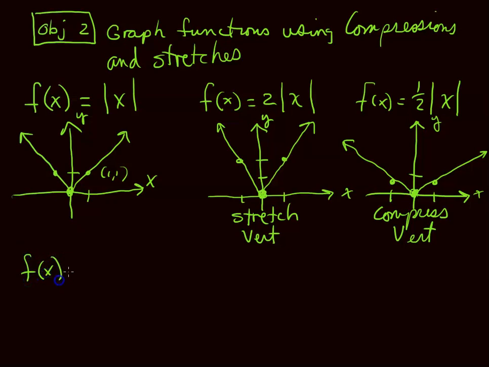What is f of x equal to the absolute value of 2x? Now, sometimes a compression is a stretch, so to speak. So this works inside the function. It works opposite. So multiplying by 2 inside is sort of like multiplying by 1/2 outside, if that makes sense.